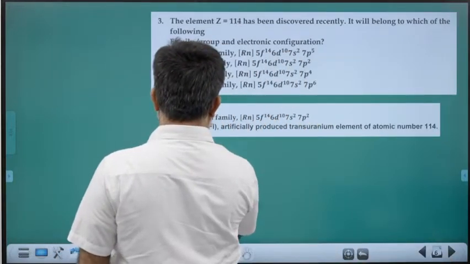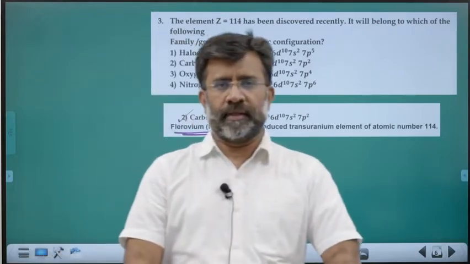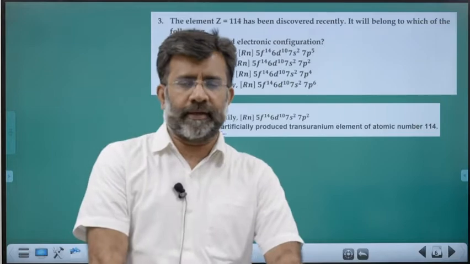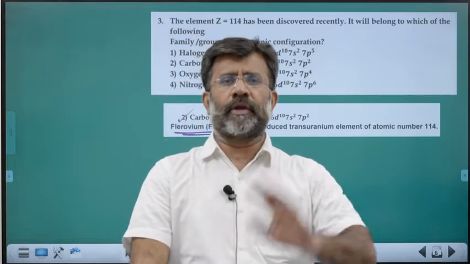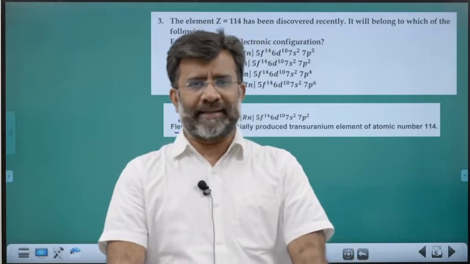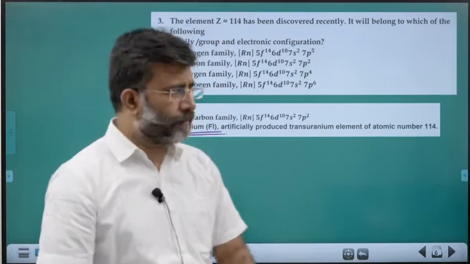And the element, all of you know, is flerovium, the newly named element. You can find in the NCERT textbook almost all elements in that row, up to the noble gas 118 oganesson, named in the new NCERT textbook. All of you see that. Next.